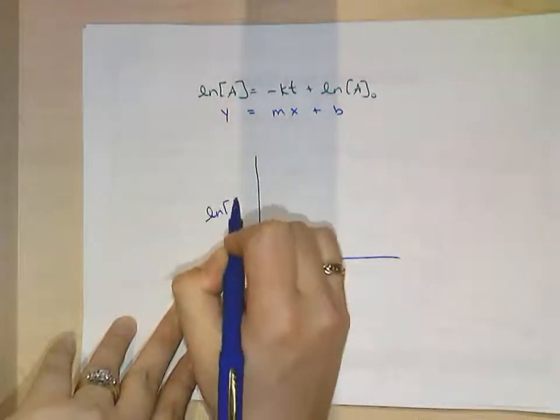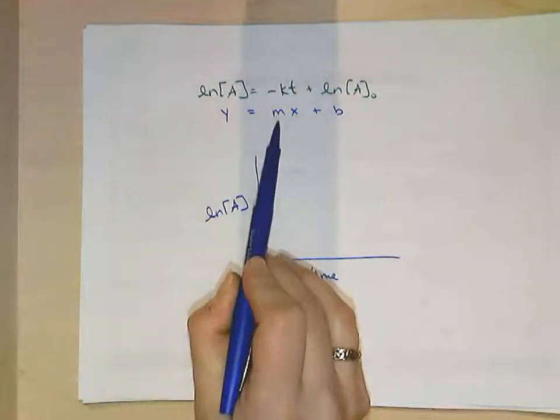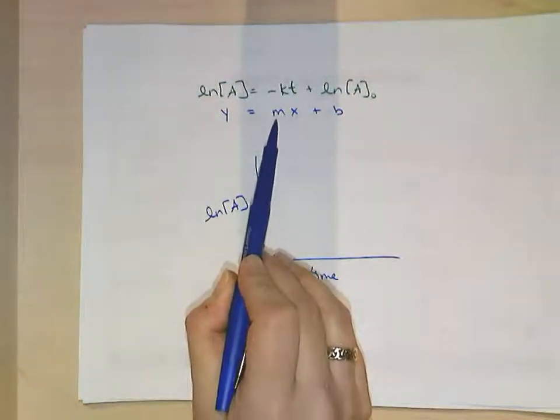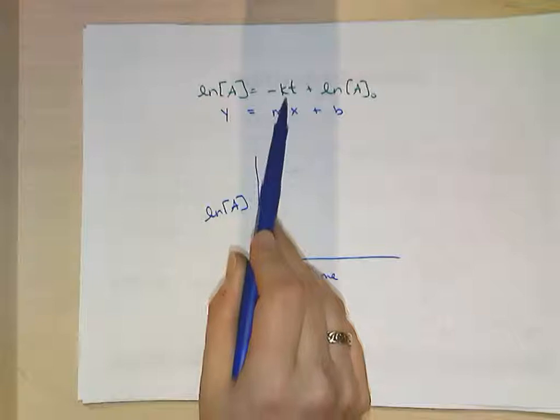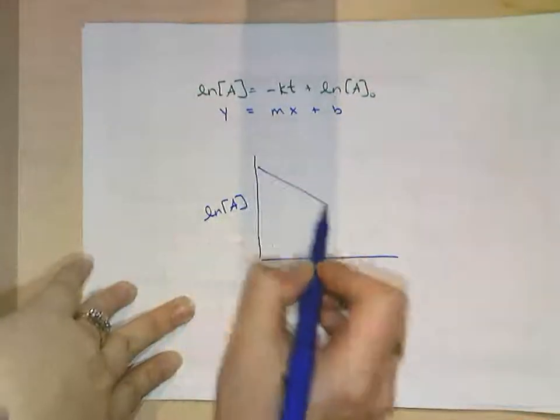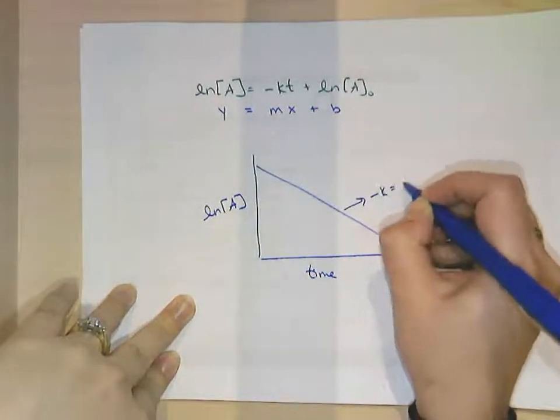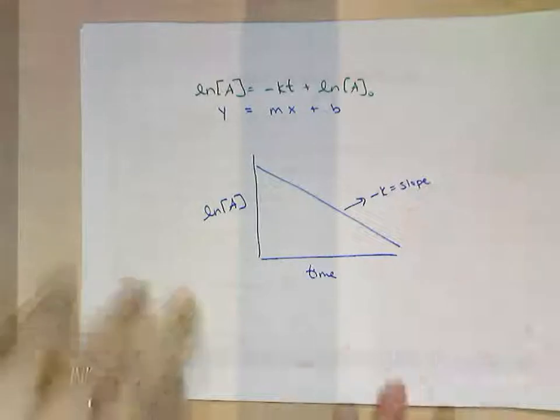If m is the slope, and if m, the slope, is equal to negative k, which direction is my slope going? Going this way or that way? It needs to be going down, okay? And then, what is my y-intercept?